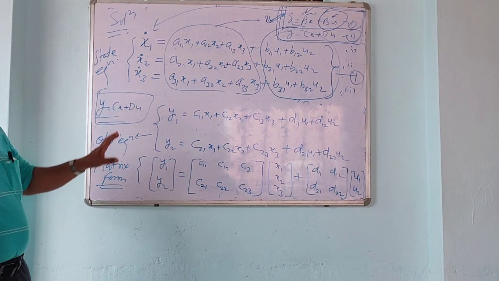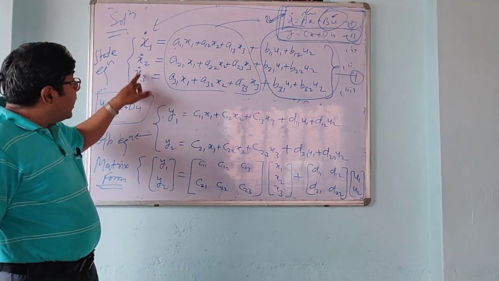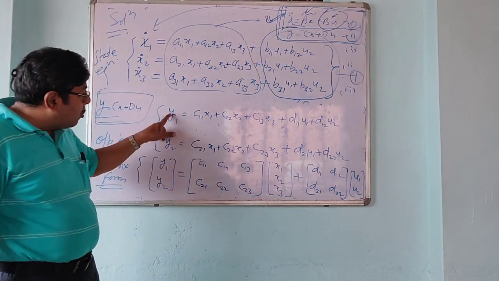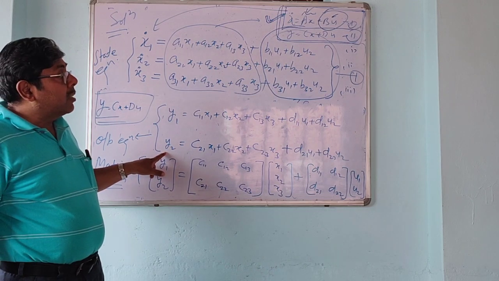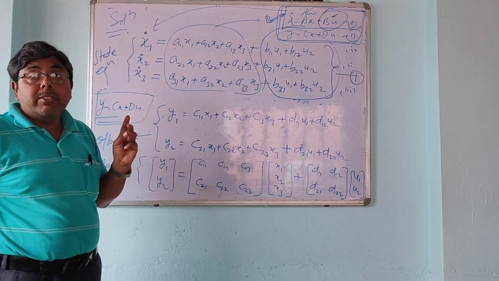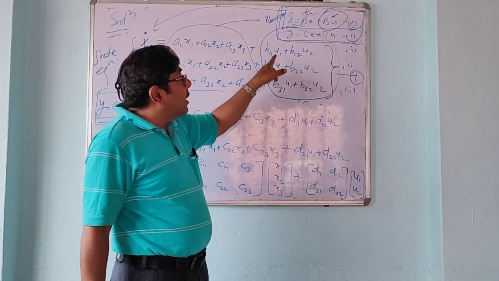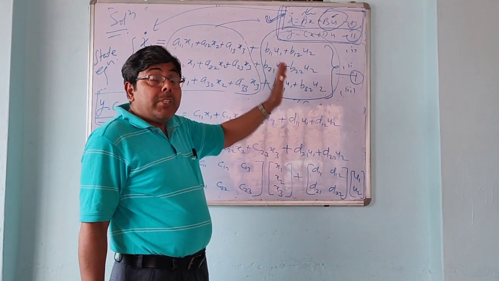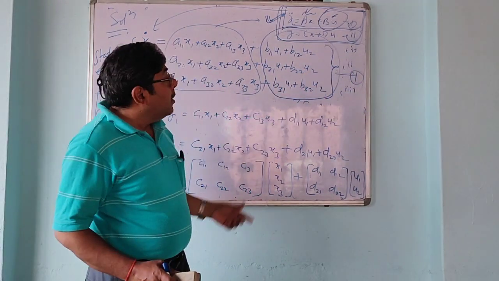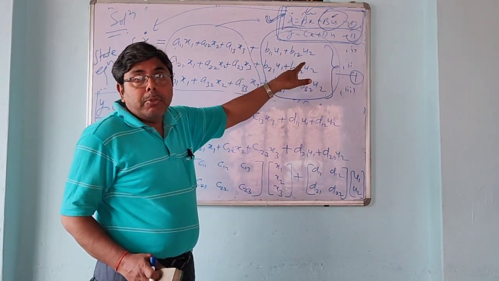Obviously you have to involve all three states for the derivatives of the states, and all three states for the two outputs also, because we have three states, meaning these are the three minimum required variables to completely represent a system, and you have to involve all inputs, that is u1 and u2. If you had three inputs, then obviously there would be one more element. Since we have only two inputs, you involve two inputs, u1 and u2.